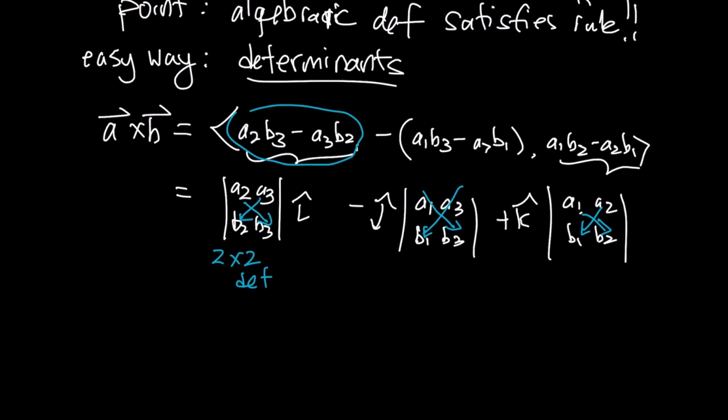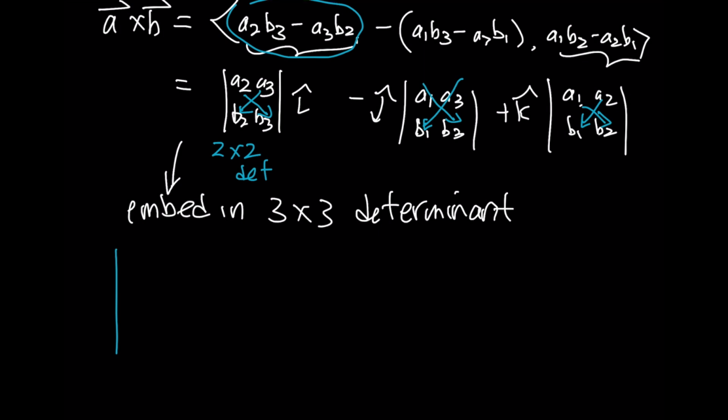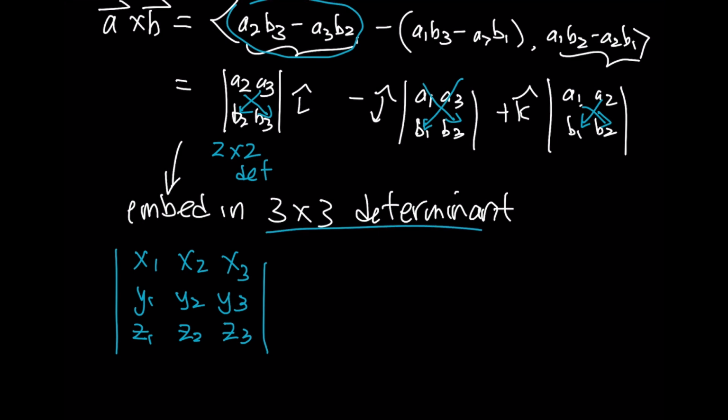We are going to embed this in what's called a 3 by 3 determinant. If I give you an array that looks like this, I'm going to have x1, x2, x3, y1, y2, y3, z1, z2, and z3. When I compute a 3 by 3 determinant, I take the top number and I write it out front, and it's going to multiply a smaller 2 by 2 determinant.